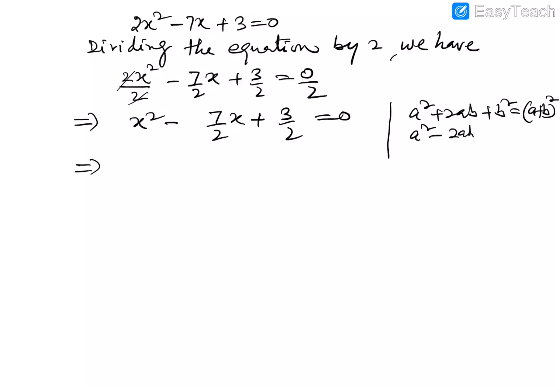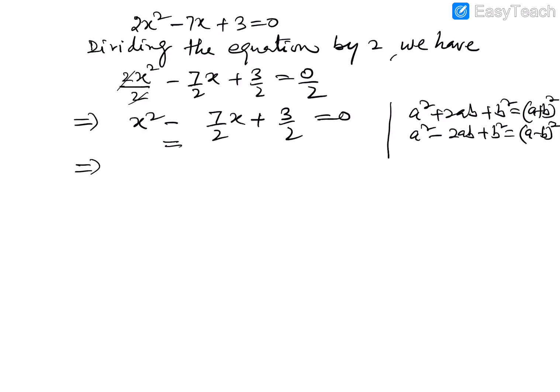Similarly, a square minus 2ab plus b square is a minus b whole square. We have to change the left hand side of this equation either in the form of a plus b whole square or a minus b whole square.